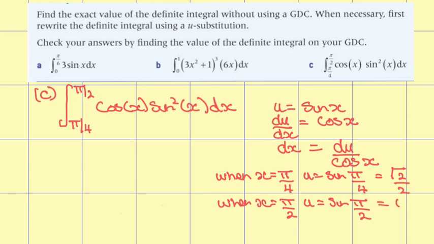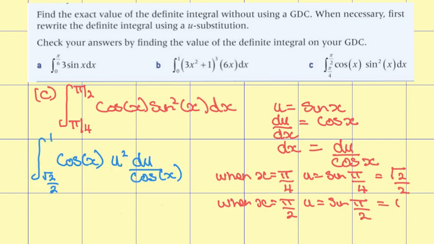We can now substitute everything back into the original equation, giving the integral of cos x times u squared times du over cos x, and again the cos x's cancel, giving the integral of u squared du between the values root 2 over 2 and 1.